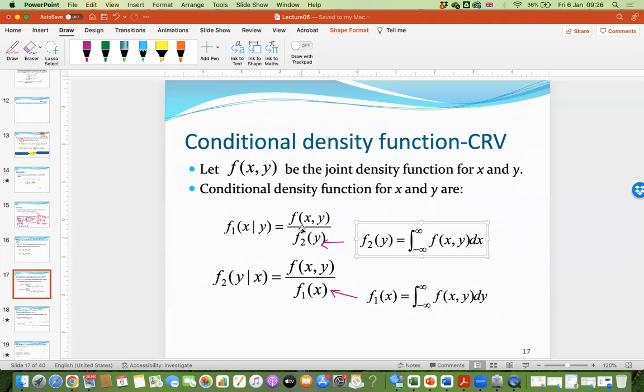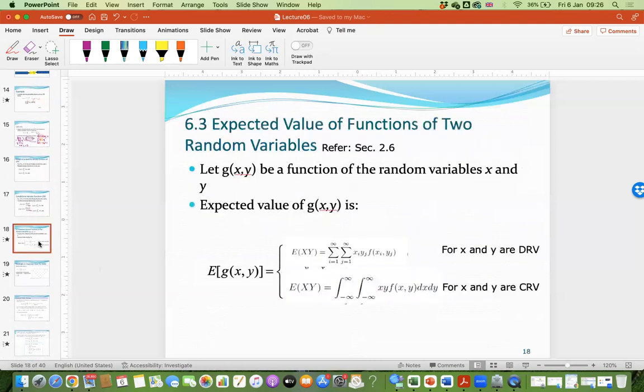It's quite straightforward, right? Okay, you understand now? It's quite similar.